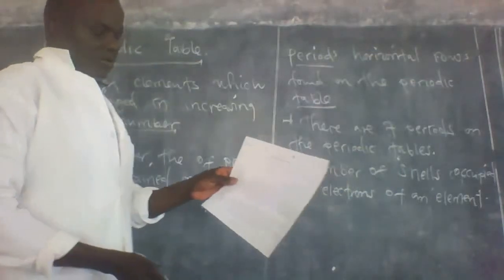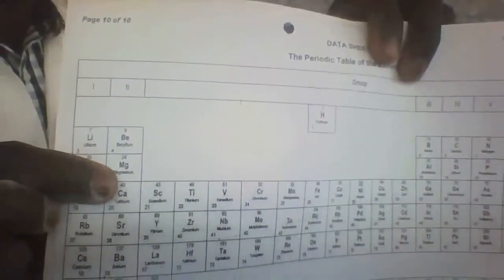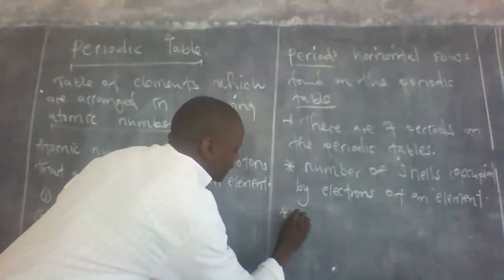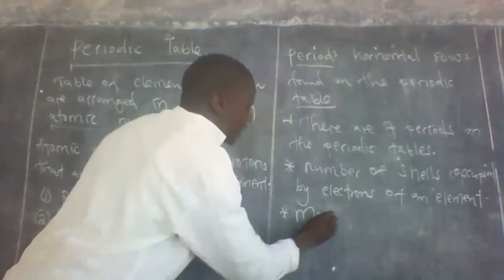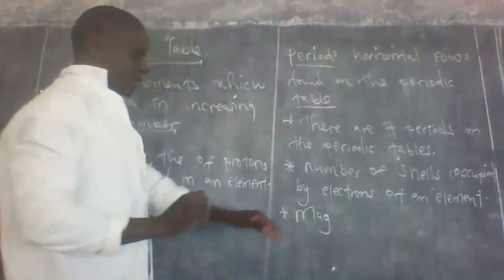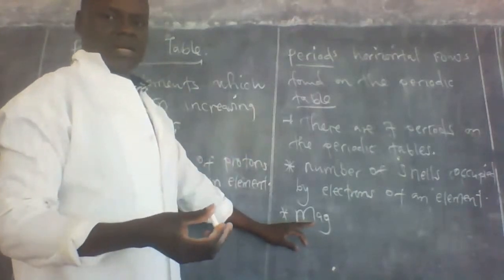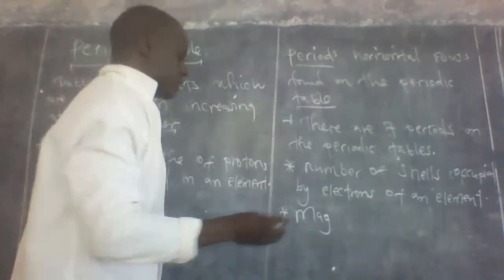A good example that we can look at is an element, magnesium, right over here. How can we tell the number of shells that the electrons of magnesium occupy, so that we can depict the period in which magnesium is?